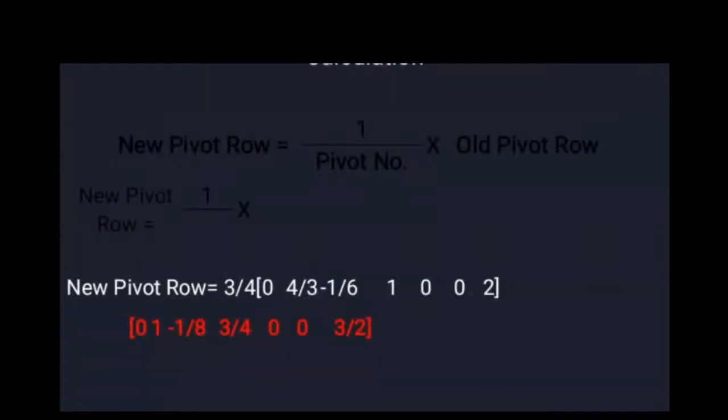New pivot row is equal to 1 divided by the pivot number multiplied by the old pivot row. We have to find the values. So after calculating these values, we got the new pivot row: 0, 1, minus 1 by 8, 3 by 4, 0, 0, 3 by 2.